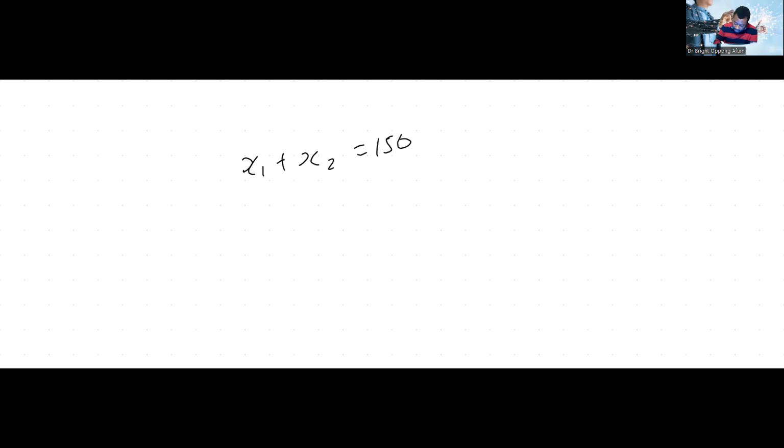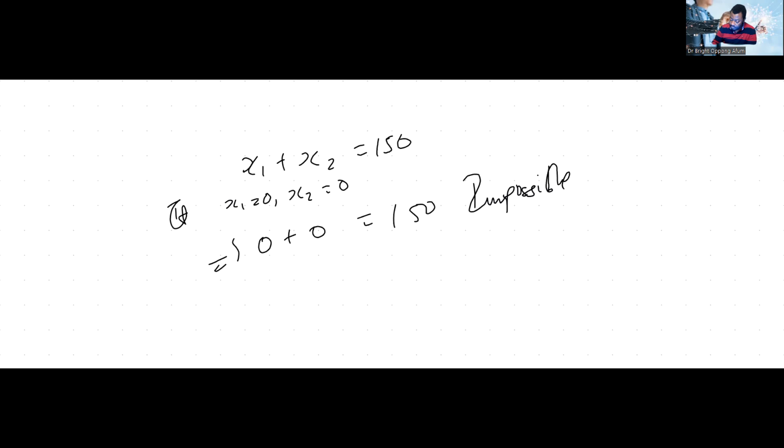Because if the initial solution is x1 equal to 0 and x2 also equal to 0, then what it means is that 0 plus 0 is equal to 150. This is actually impossible, or it is actually not true. So therefore, what do we do?